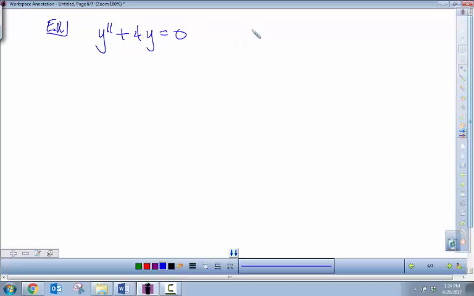So we have our auxiliary equation, m squared plus 4 is equal to 0. So m is plus or minus 2I. And bring m squared to the other side, it'll be negative. Take the square root, then you got your imaginary number. So in this case, b is equal to 2.